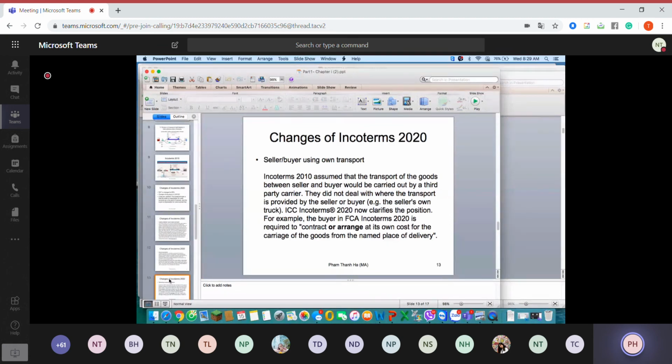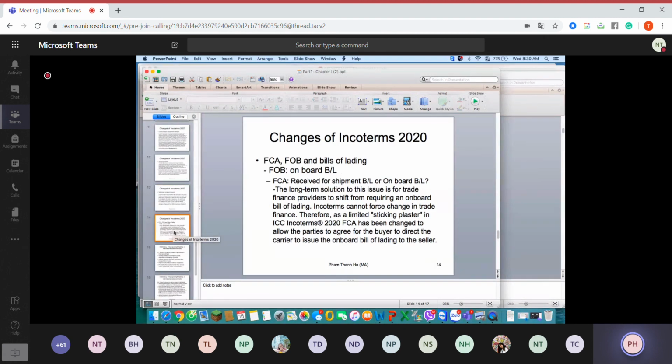However, for the Incoterms 2020, everything has been clarified for each term and condition. It means if we take a look into the different terms and conditions in the Incoterms 2020, immediately we will know who will be responsible for the transportation.